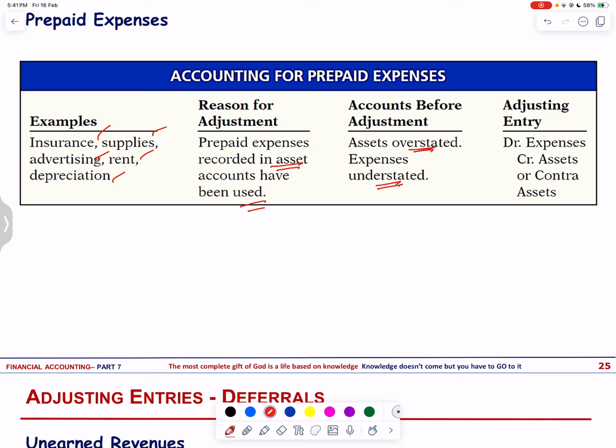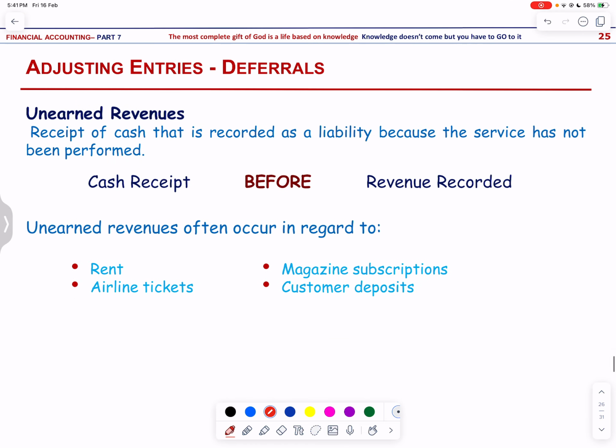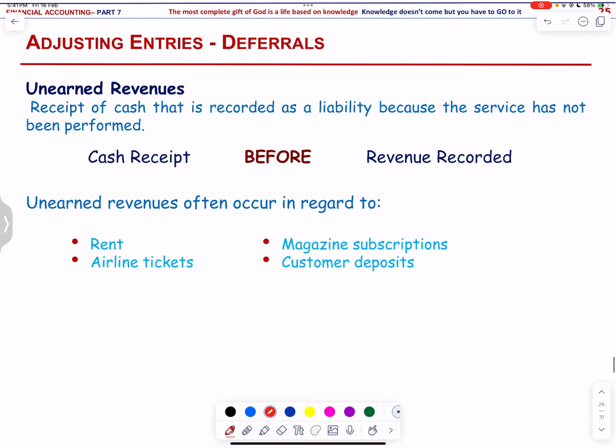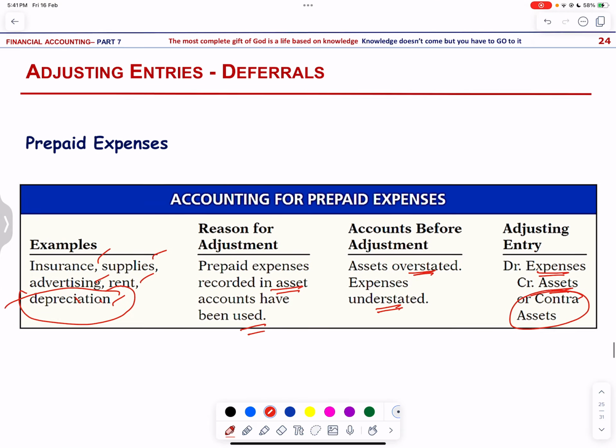To make the adjustments, expenses are debited and the assets are credited. But in the case of depreciation, we don't credit the asset, rather we use a contra asset, the title of which is accumulated depreciation. So this is all about the prepaid expenses.